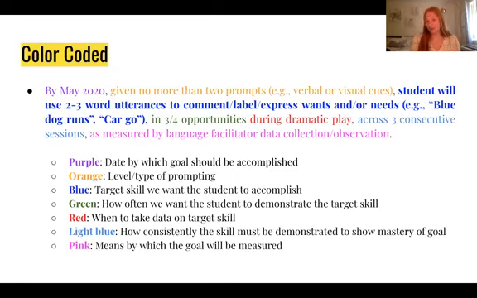Like the student's not really doing it on their own. And we want to be always pushing the students towards independence. So usually you're only going to see mod cues if it's a very challenging goal, or if it's a kid with severe special needs.